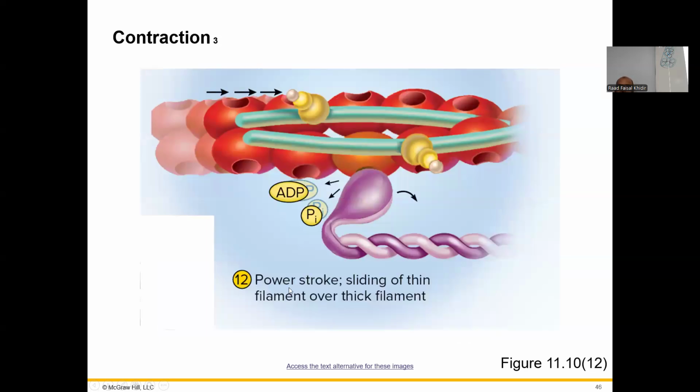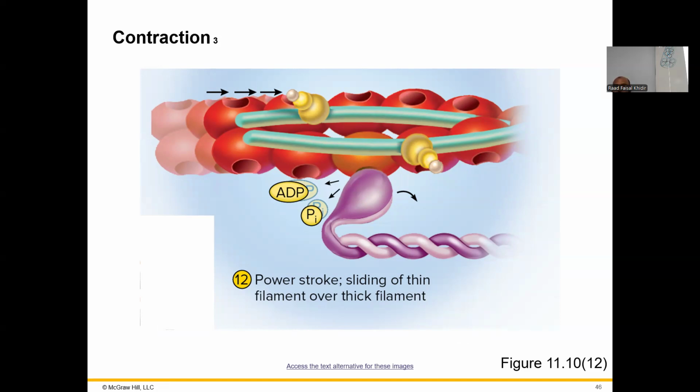That would cause a power stroke. The power stroke is when you slide the thin filament over the thick filament.